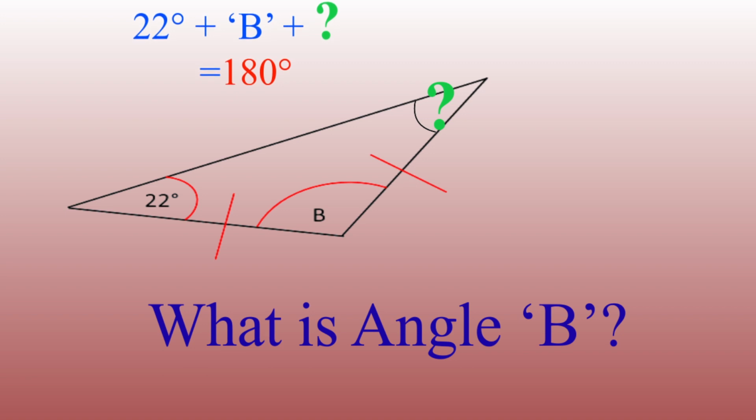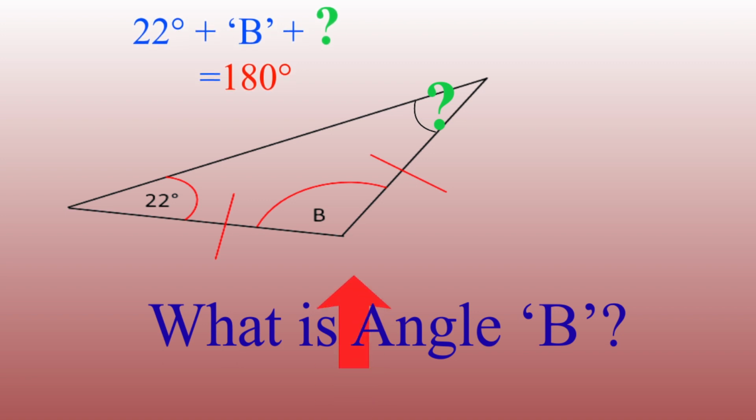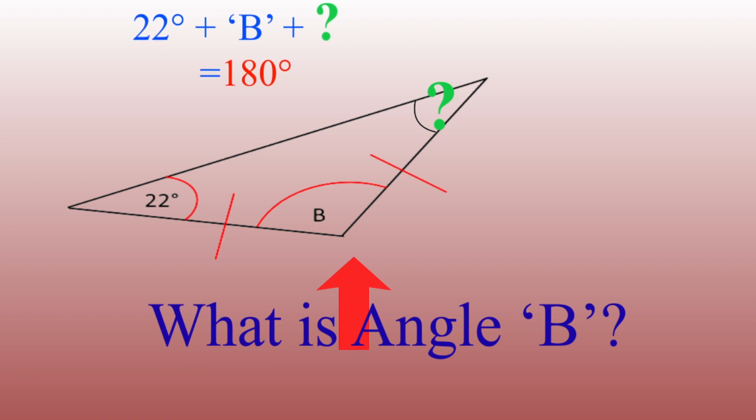But look at this triangle. It's got two red strokes to two sides, which means it's an isosceles triangle, which means that two of the angles are going to be exactly the same in this triangle. Now, take a note of the position of B. Where is it? Well, the angle B is between the two strokes, which means in this case, B is the odd one out.